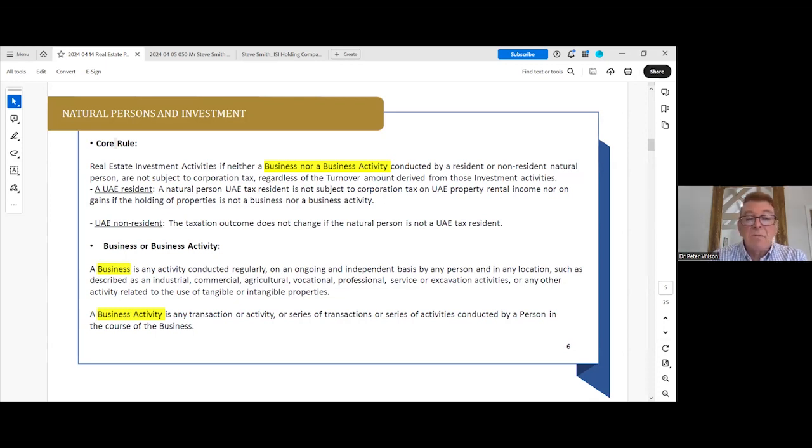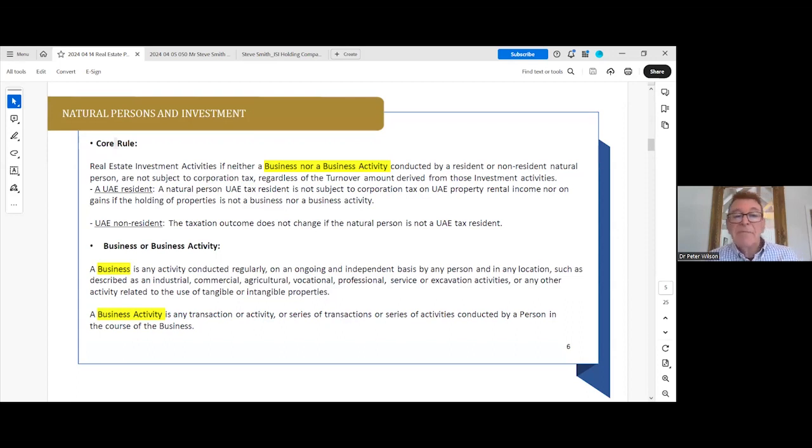Now, let's look at what is meant by a business or a business activity. These terms are defined in a number of places in the corporate income tax law and in some of the ministerial statements and the cabinet decisions. I think the same definitions are used in the VAT law.